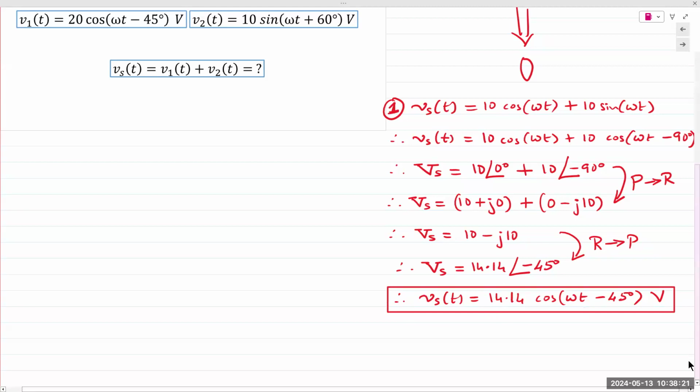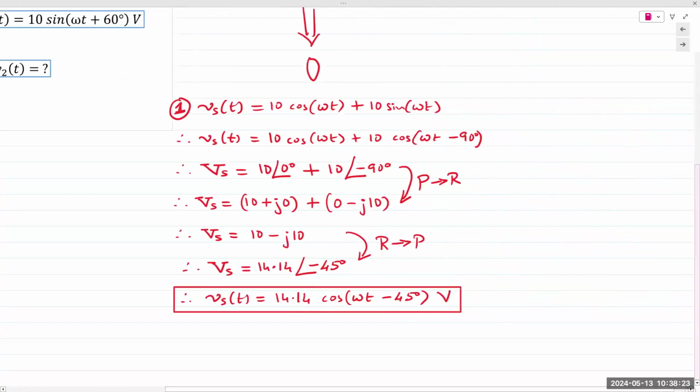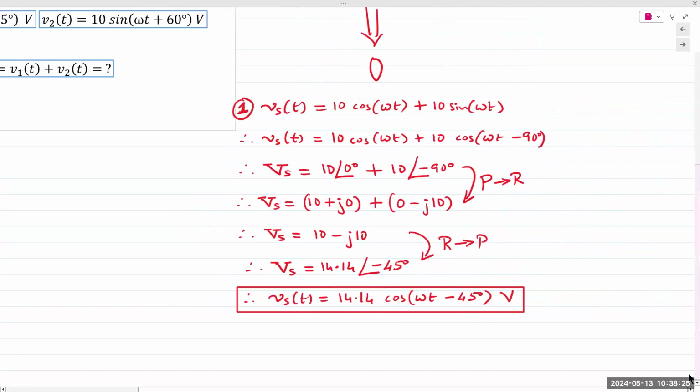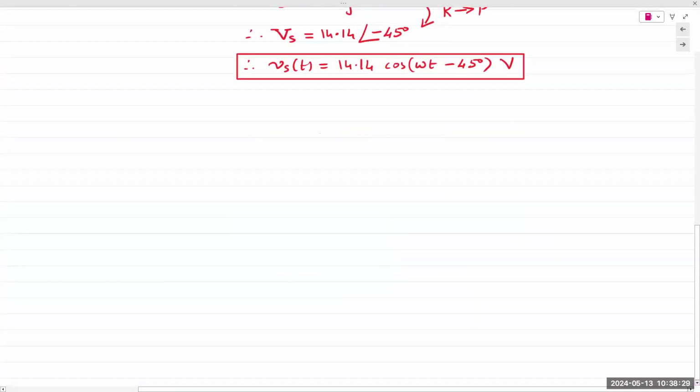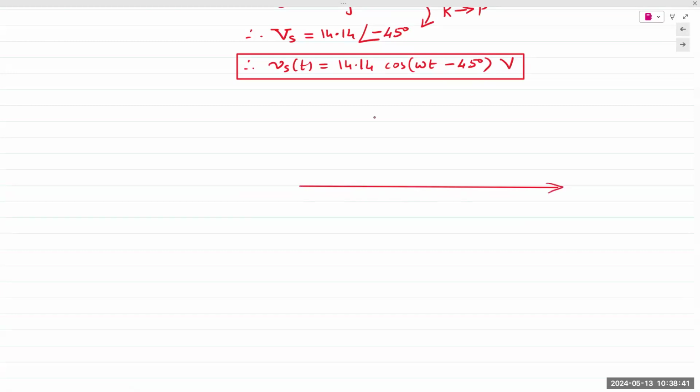Okay, graphical explanation. Rectangular and polar coordinates are simply the sides of a right angle triangle. So let's do this: real axis, imaginary axis.